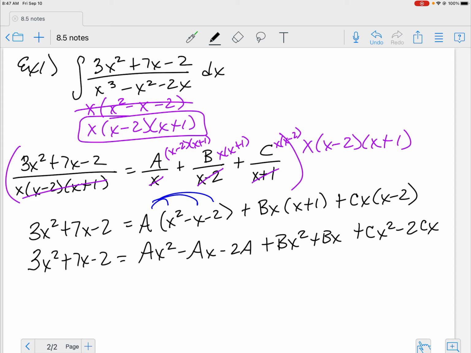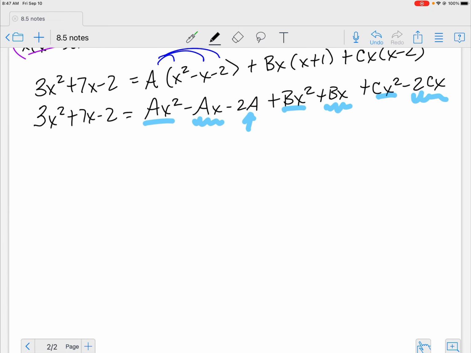We're just solving an equation is what's going on here. But now I've got squared terms that we can put together. We've got x terms that we can put together, right? And then you just have this variable by itself. So combine your like terms.